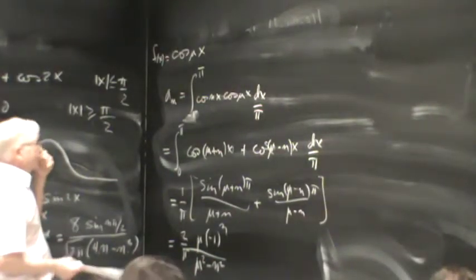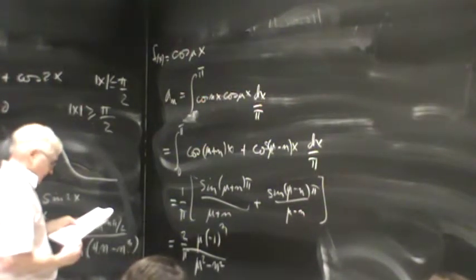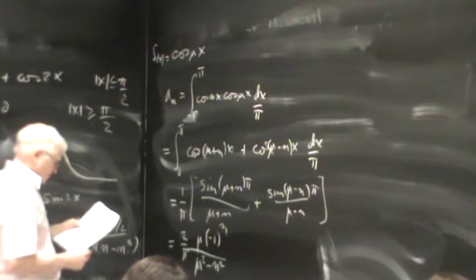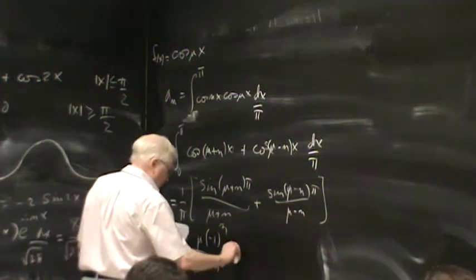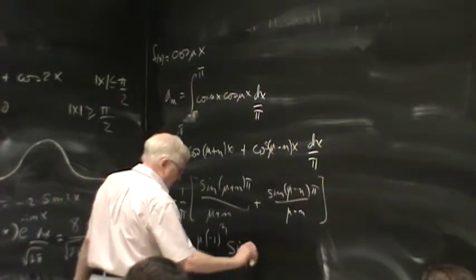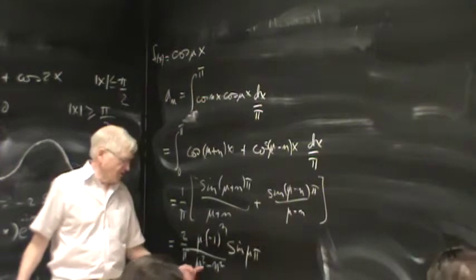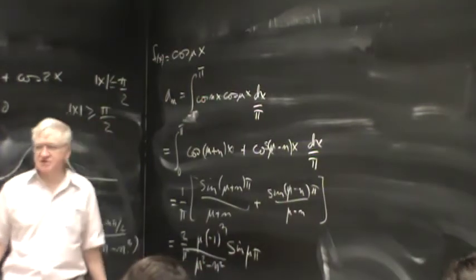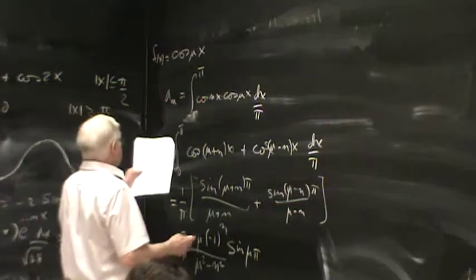And this is true whether mu is an integer or not, although when mu is an integer, I left out the sine of mu pi. So when mu is an integer, we have a 0 here, but there's a 0 up here, so the thing is well defined.